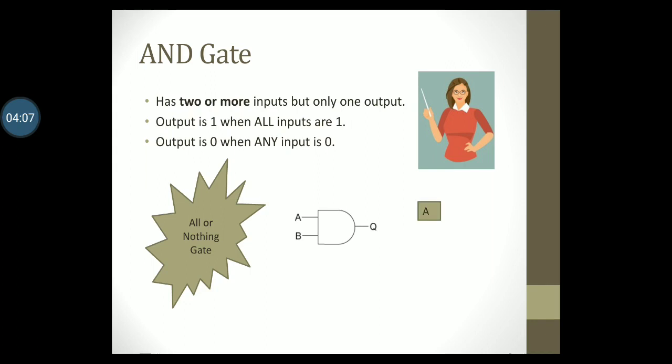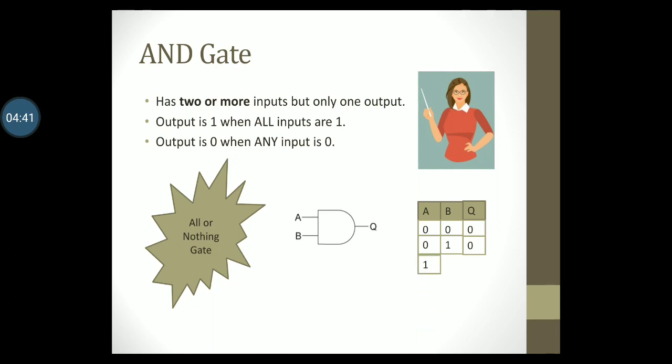Start by listing the inputs A and B, followed by the output, which is labeled as Q. If input A is 0 and B is also 0, the output Q will be 0. If input A is 0 and B is 1, the output Q will still be 0 since one of its inputs is 0.